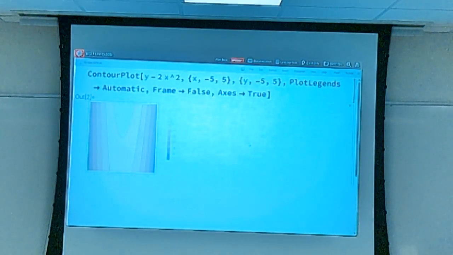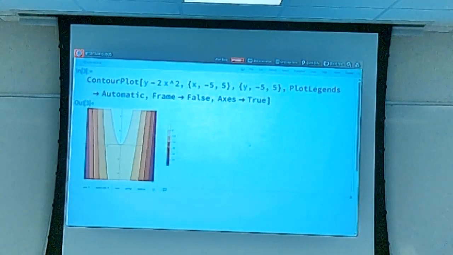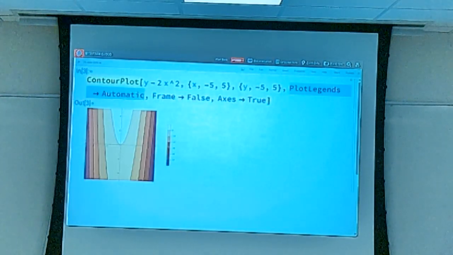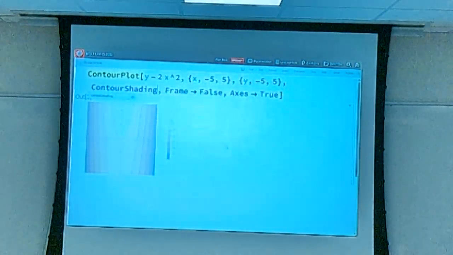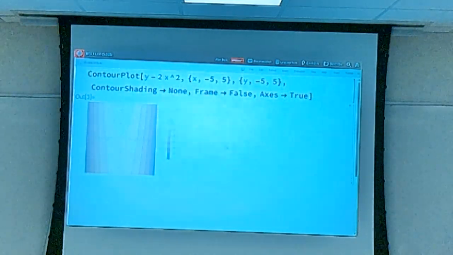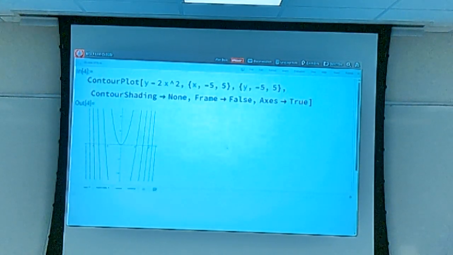And I don't like the fact that it's framed, so I typically turn the frame off. Let's get rid of the legend. Instead, turn off the shading. Now, if you hover your mouse over the line, it's going to tell you what the contour level is.